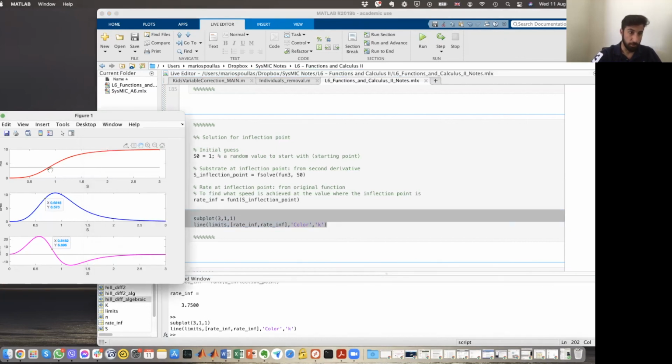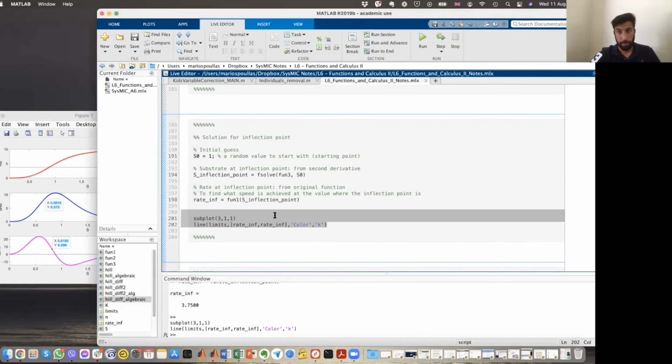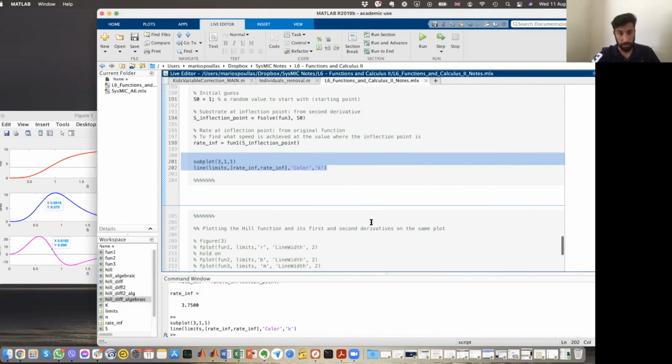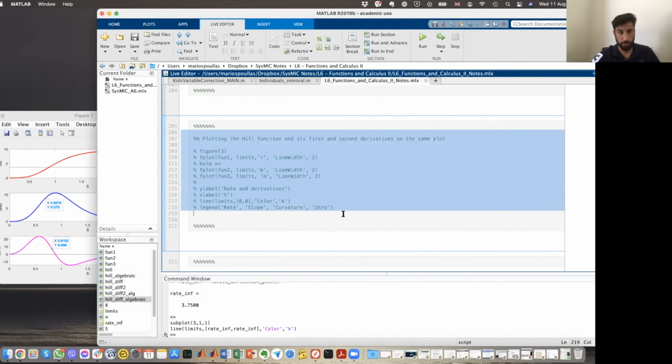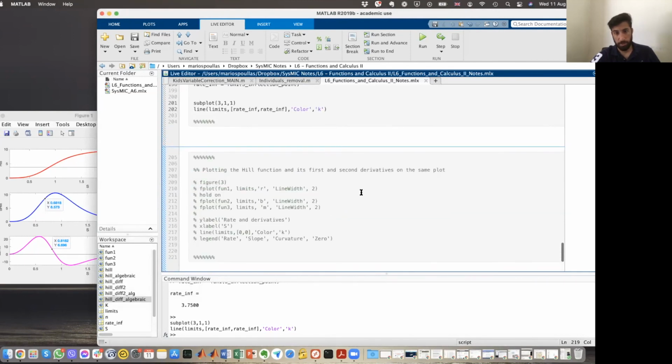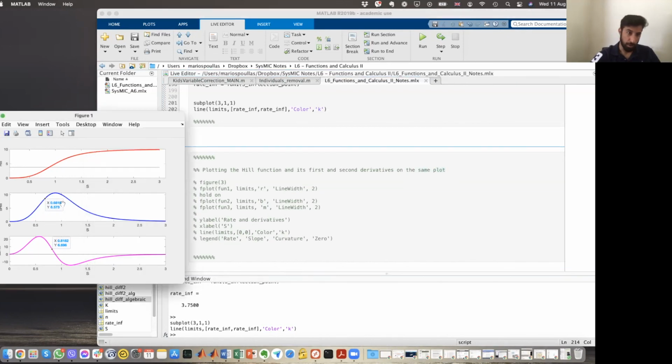At this point, where this line crosses the curve, 3.75 is the value of the rate, and 0.88 is the value of the substrate. I'm going to leave it here. The next one you don't need. It's basically plotting them all in the same plot, but this one is much clearer than that one.